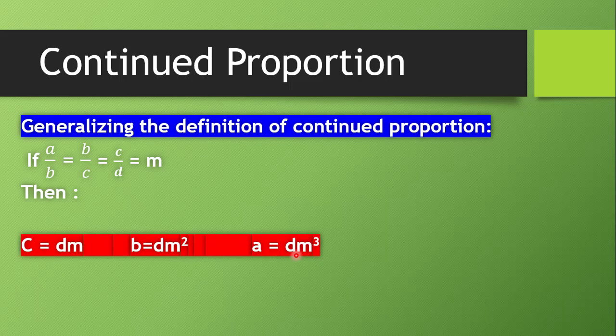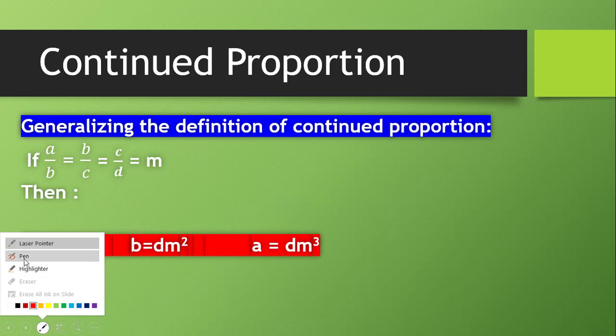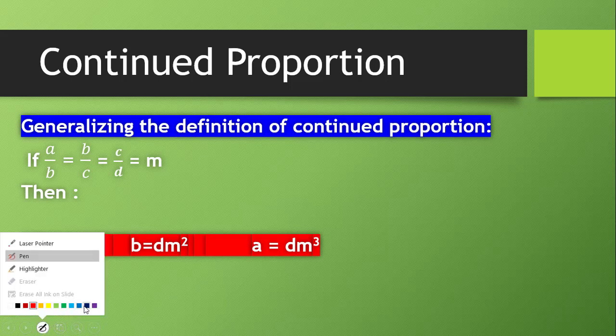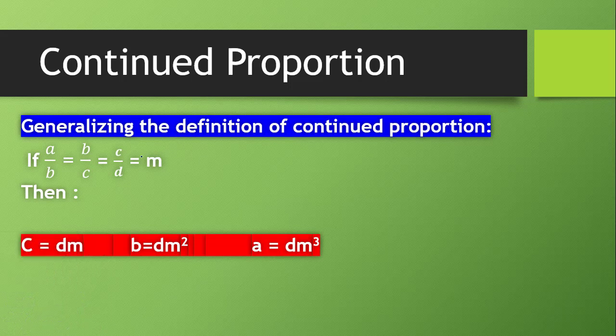Okay, let's explain it again. Here for example, I write C equals dm. Okay, the first one is very easy. Let's move to B. Look at here, B equals cm.